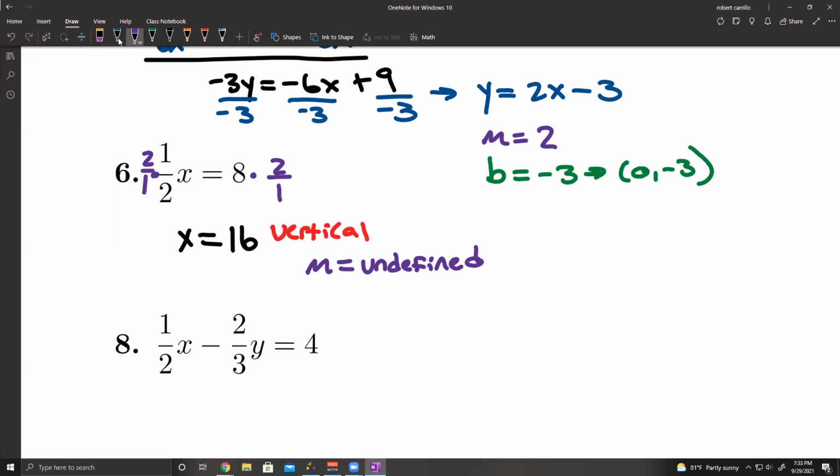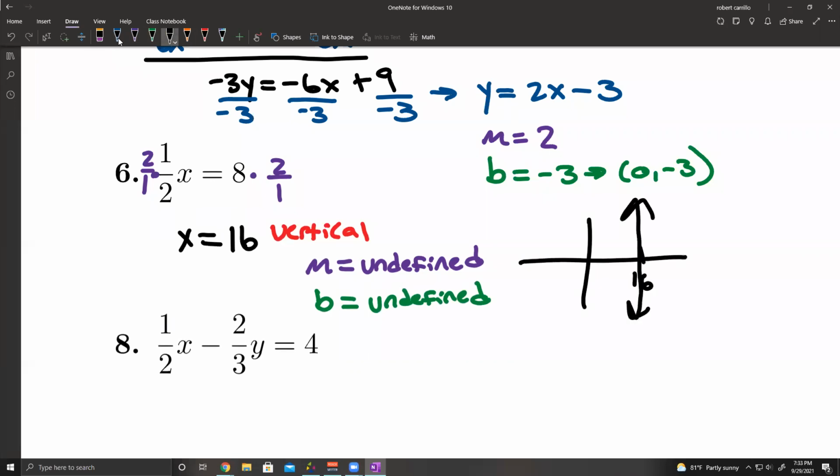And since it's x equals 16, your y-intercept is also undefined. If I were to draw that on a graph, here's 16, and you would have a vertical line up and down. It doesn't touch the y-axis, therefore no y-intercept, and it doesn't have a slope. Okay. Everybody good?